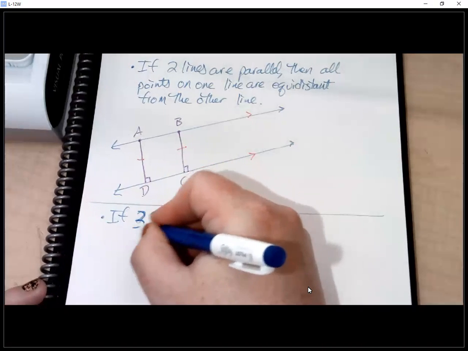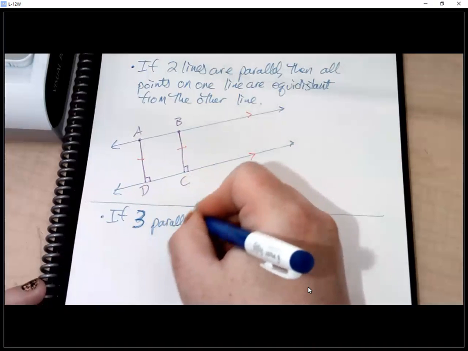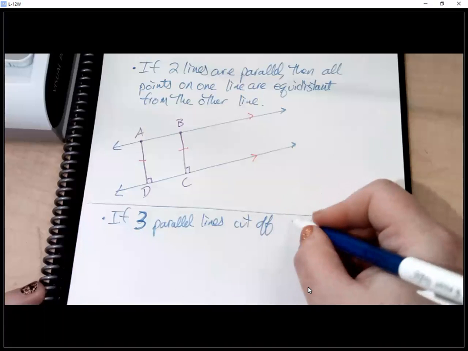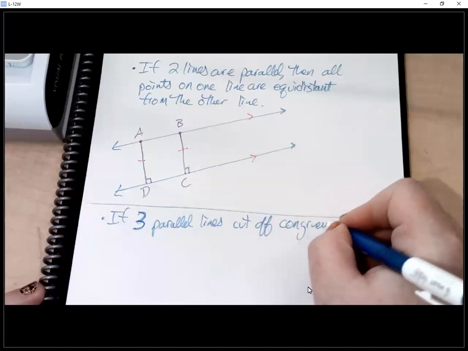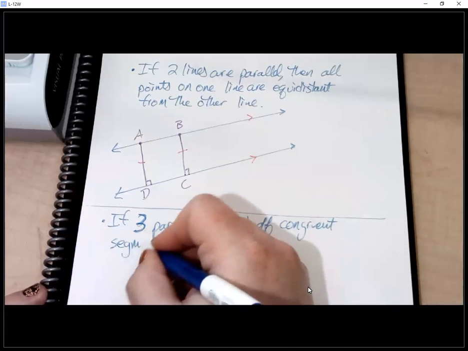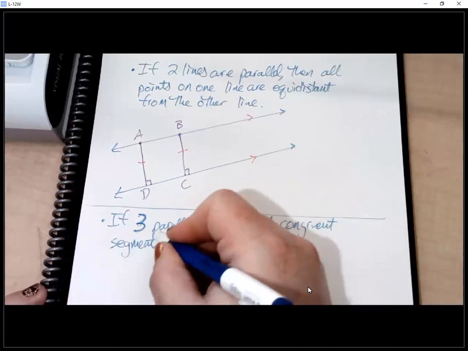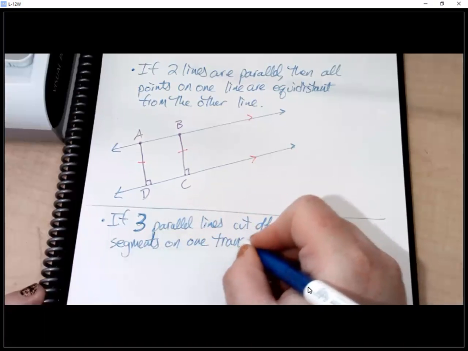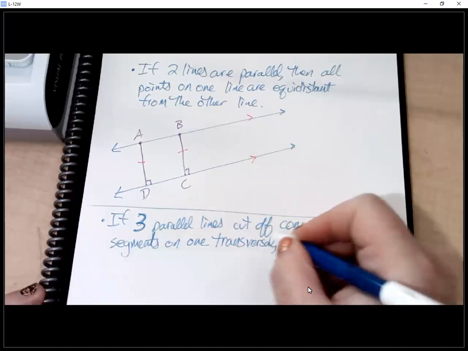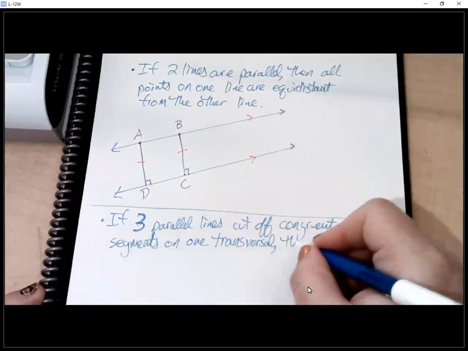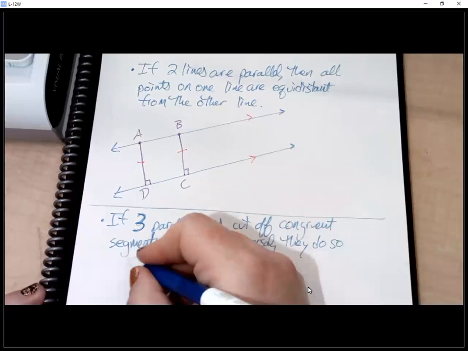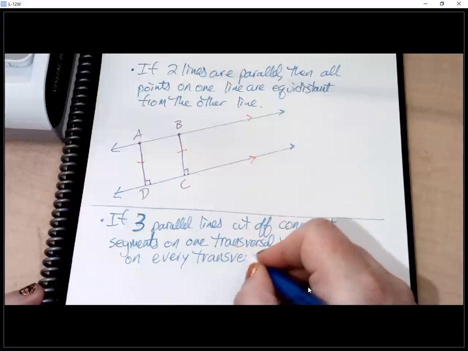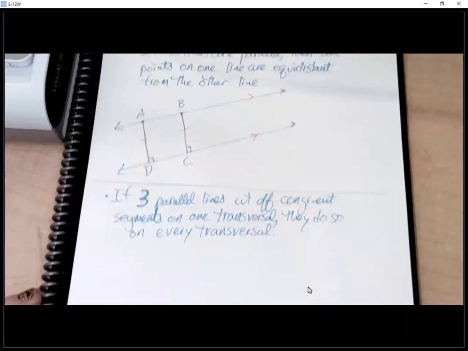If three parallel lines cut off congruent segments on one transversal, they do so on every transversal. This is so neat. So again, let me give you a moment to jot it down and then we will draw it.